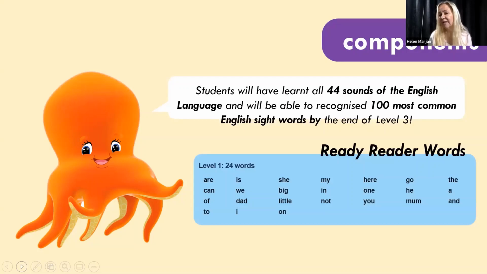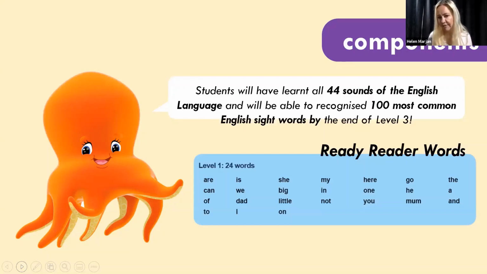So if you take the word the, for instance, it's not a phonetic word. It comes up in every single book we read. So it's important that the children learn to recognize these words by sight and not have to try to decode them. So the lists get slightly longer with level 2 and even longer by level 3.